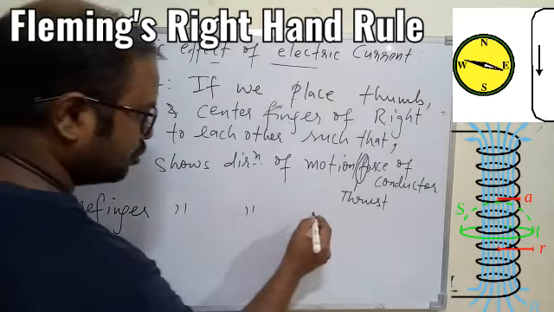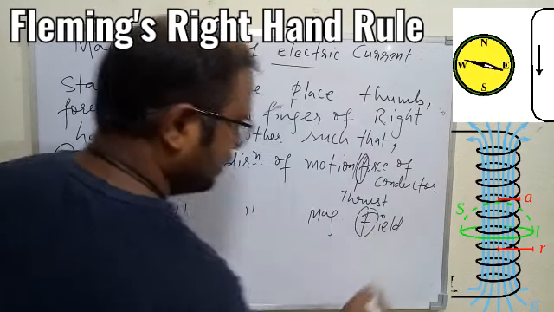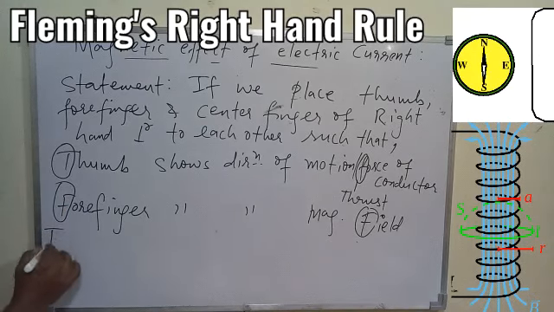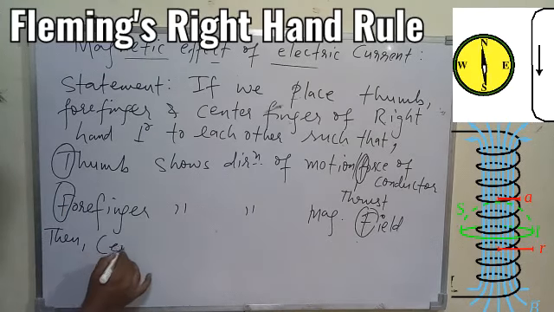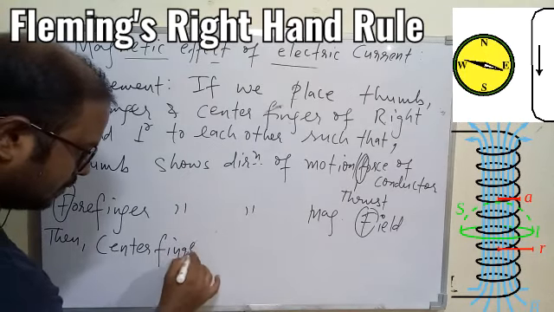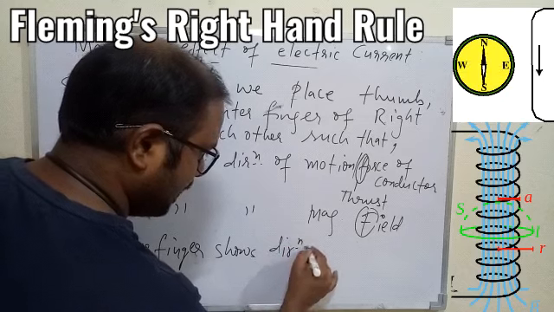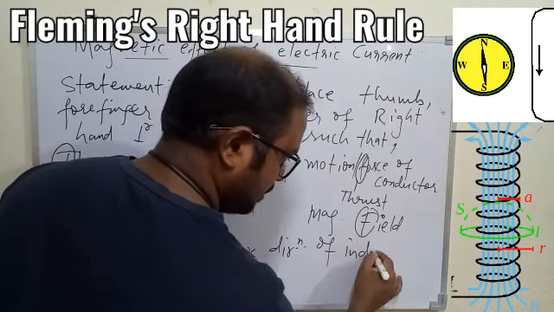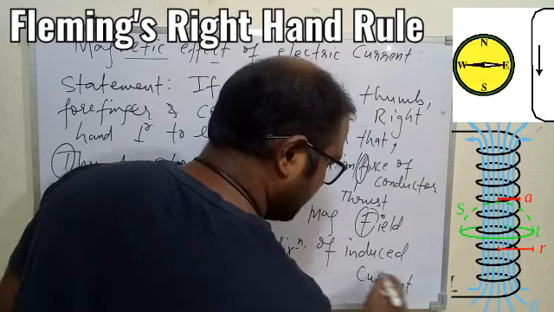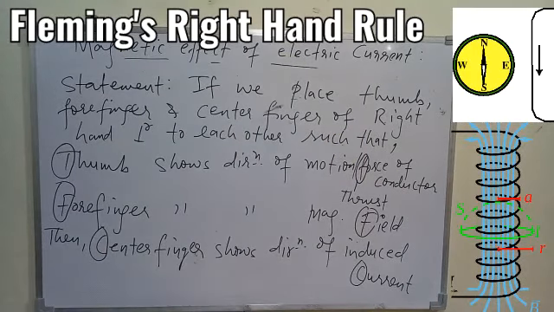Okay. So again F for field, F for forefinger, then center finger shows direction of induced current. So again C for current, C for center finger.